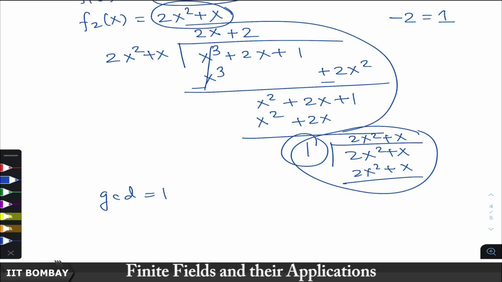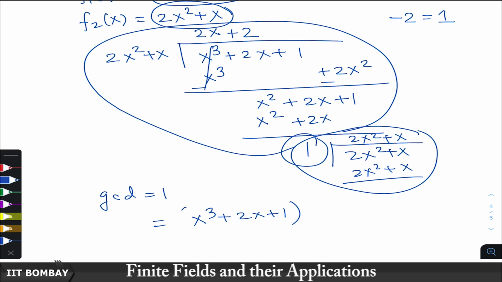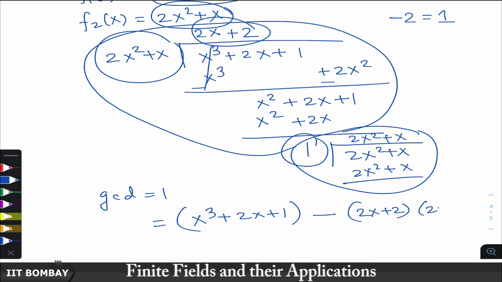So, we can take the first division and write the remainder 1 is equal to x cube plus 2x plus 1 minus quotient times the 2x square plus x. So, we get 2x plus 2 times 2x square plus x.